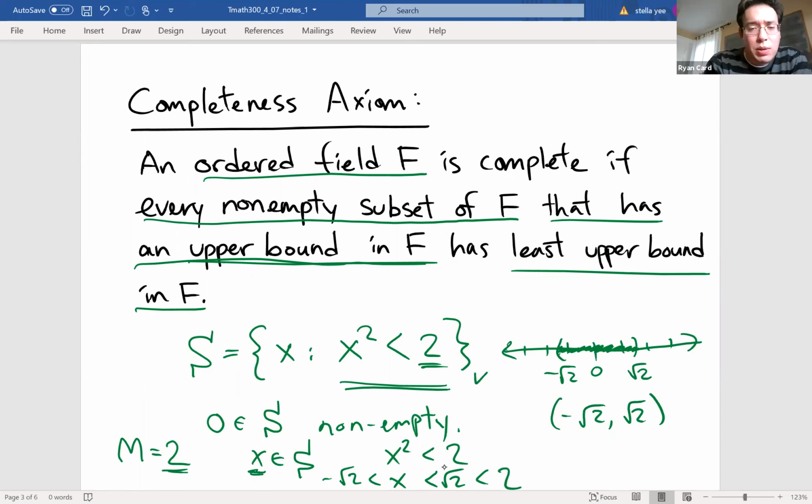Okay, so it has an upper bound, but the field has to contain what's called the least upper bound. So 2 is an upper bound, but there's a smaller upper bound, right?